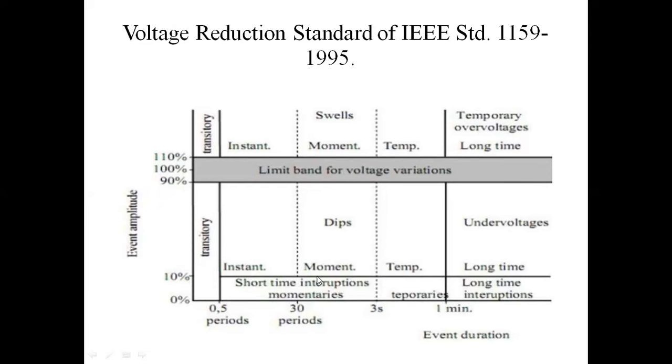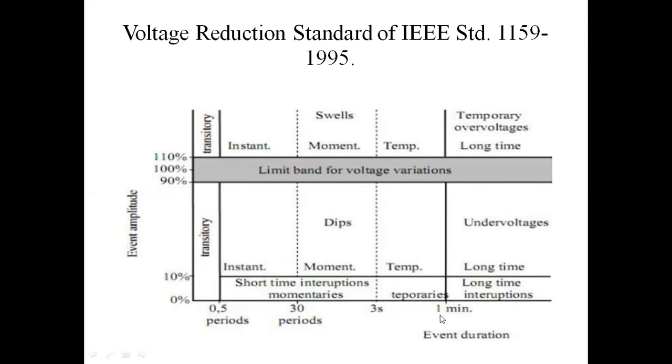In short interruption, we have instant, momentary and temporary. Instant interruption is 0.5 cycles to 30 cycles. Momentary interruption is 30 cycles to 3 seconds. Temporary interruption is 3 seconds to 1 minute. This is the total related to interruptions.